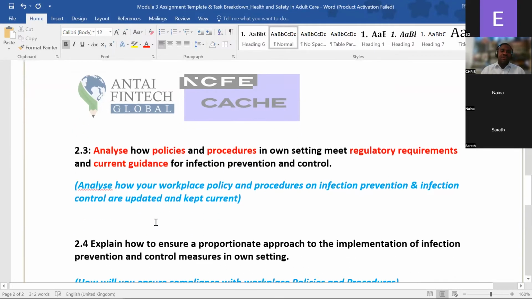So how do we answer this question? Analyze how your workplace policy and procedures on infection prevention and control are updated and kept current. Now, those of us who have been in London for about the past 3 to 4 years would have heard of the Grenfell fire. Are we all familiar with the Grenfell fire?